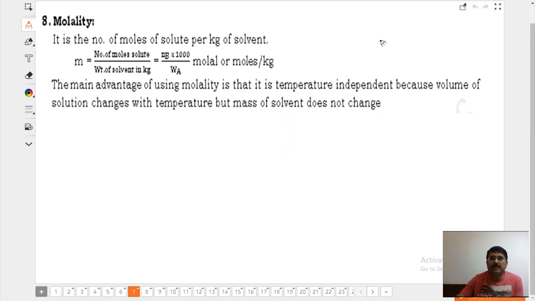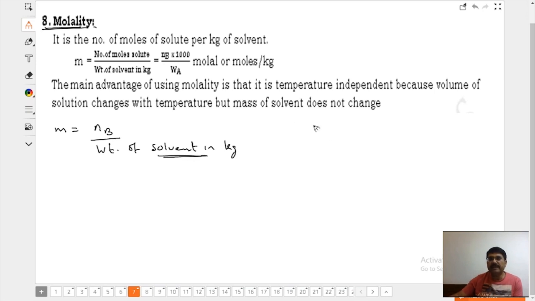This is going to be another useful term: molality. Molality is defined as the number of moles of solute divided by the weight of solvent in kg.